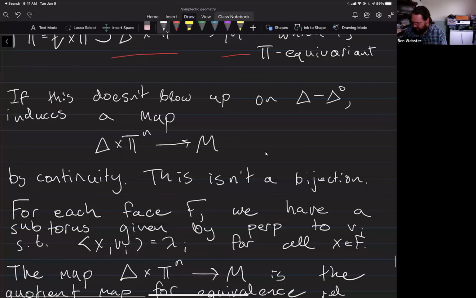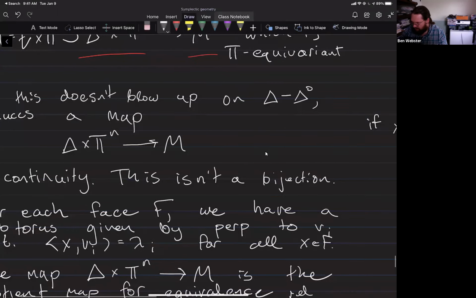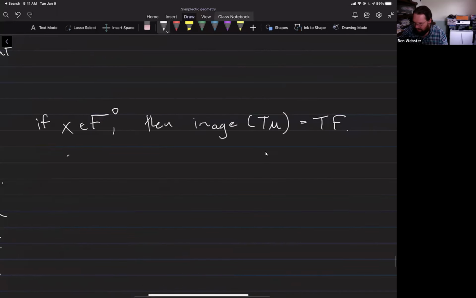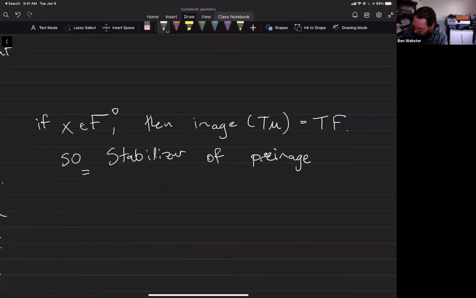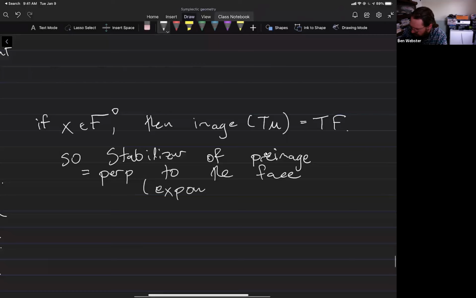Oh, I don't think I gave this a name. The stabilizer of a preimage, well, that's the kernel of the derivative, is going to be equal to the perp to the face, exponentiated, which I'm going to denote T_F.